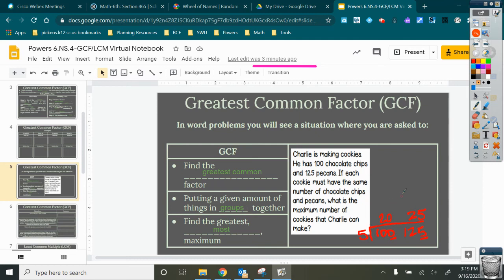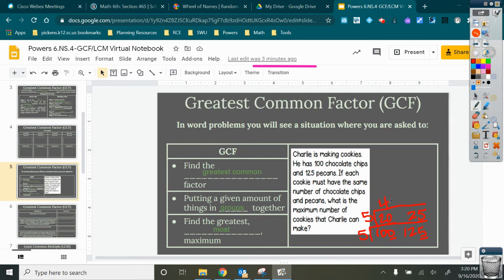So now I look at 20 and 25 because I don't have 100 and 125 anymore. I factored it out. I'm left with 20 and 25 now. Do they have a common factor? And they do. Got another 0 and another 5 here, so it's going to be 5. So I'm going to make my factor pairs that go into 20 and 25 with 5. That's their common factor.